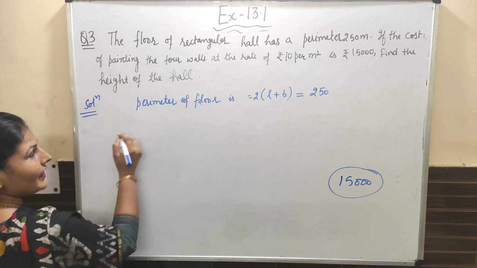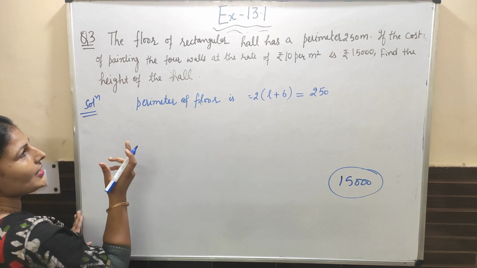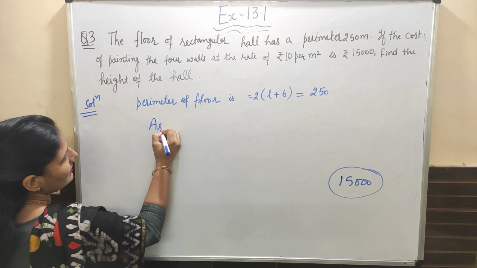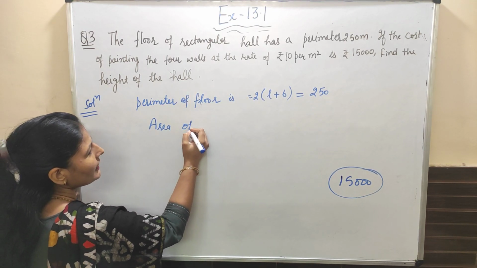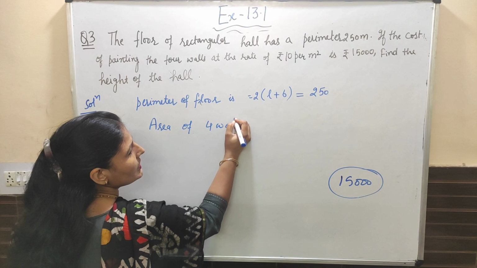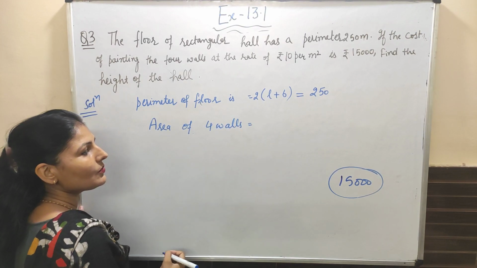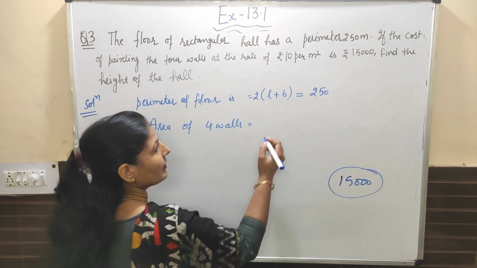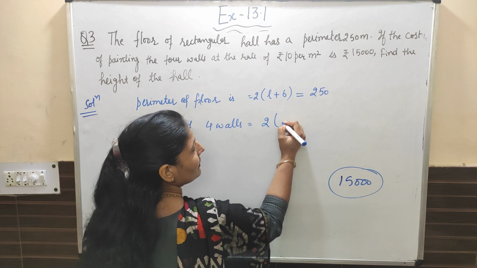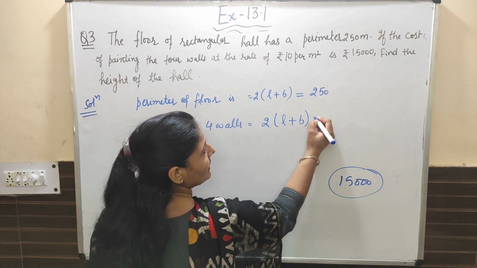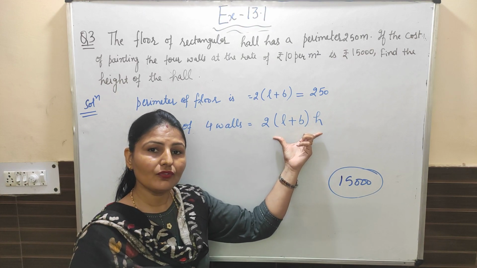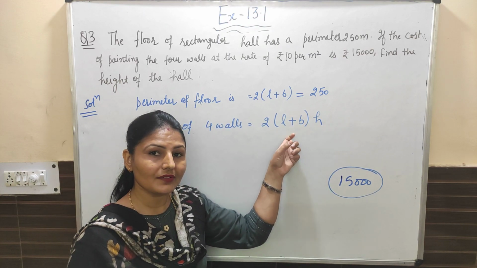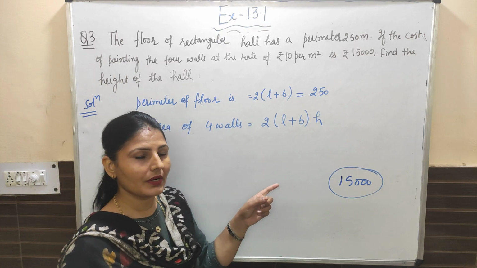Now what do we have to find? Area of 4 walls, because cost is given and rate is given. The area of 4 walls is equal to, what is the formula? By now you must have learned it: 2 into (L plus B) into H. This is the formula for area of 4 walls, which we have discussed in the introduction part also.